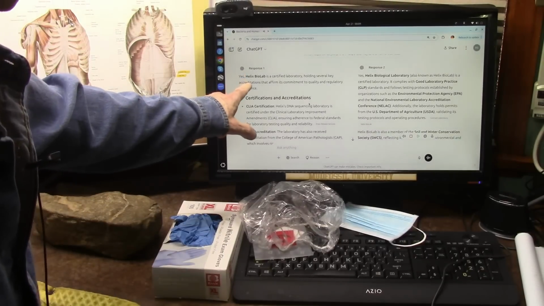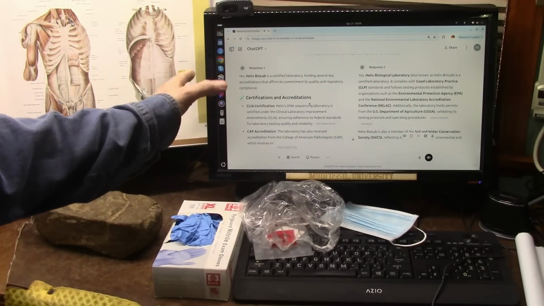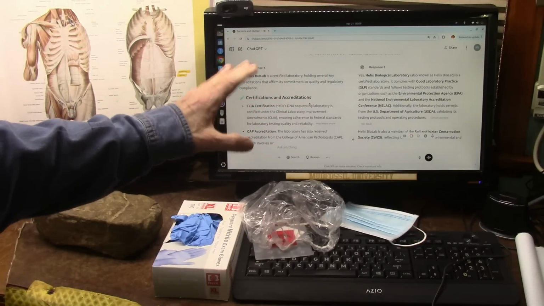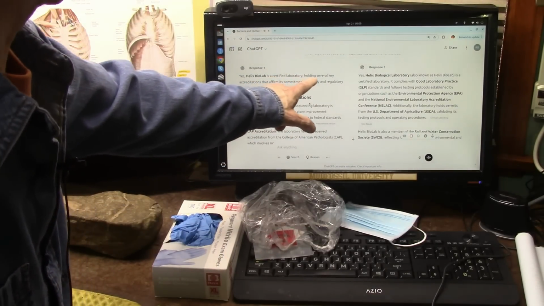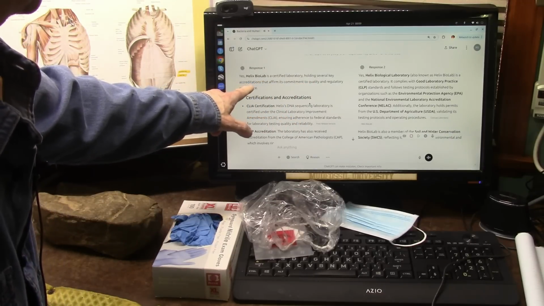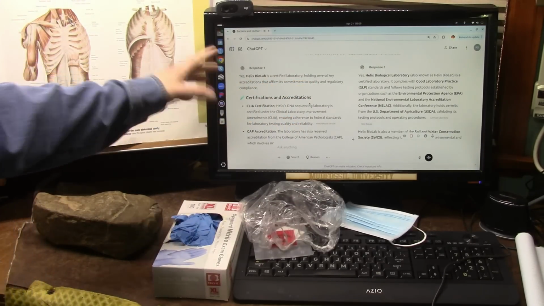This is Helix Biolab. They are fabulous. The guy that I worked with, Tom, unbelievably professional, is a certified laboratory holding several key accreditations that affirm its commitment to quality and regulatory compliance.